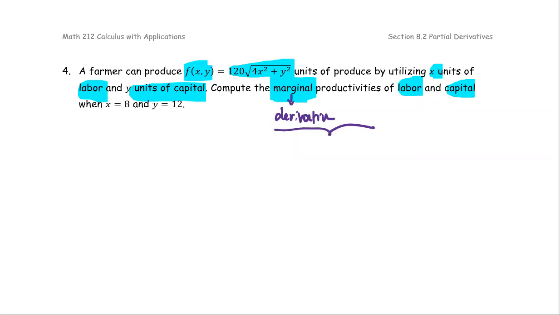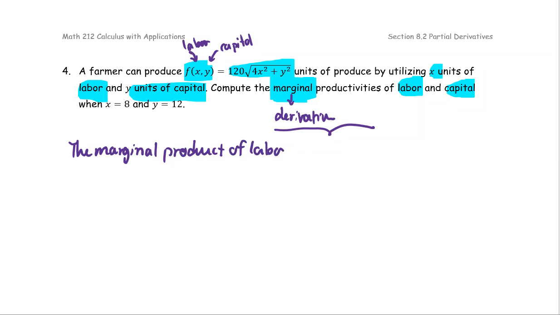Since the product depends on x and y, with x as the labor and y as the capital, for the marginal product of labor, labor is x and the product is f, and marginal is the derivative. So this one means you find the partial derivative with respect to x.